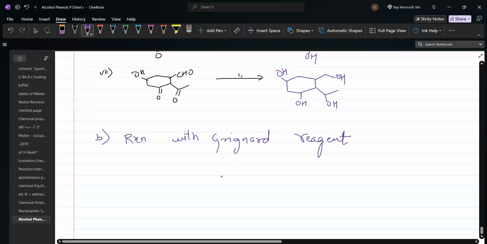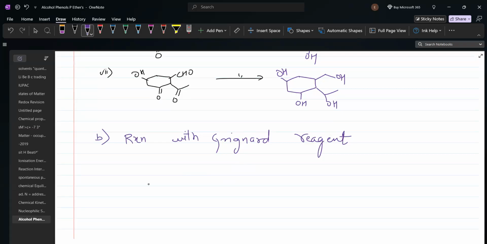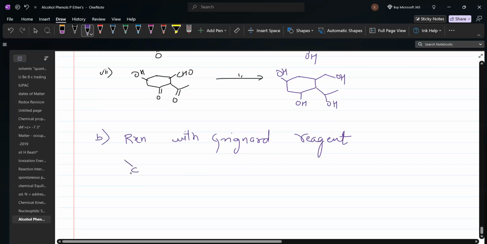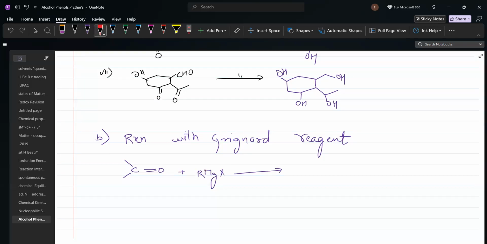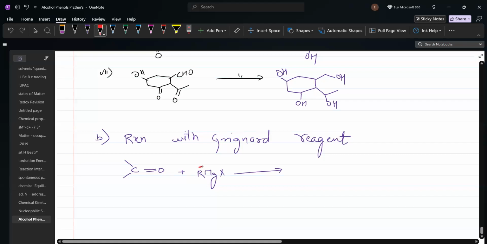Let's draw a general reaction. This is a carbonyl compound, and we have Grignard reagent, which is RMgX. We already know that this R will have a partial negative charge, because it is attached to magnesium.